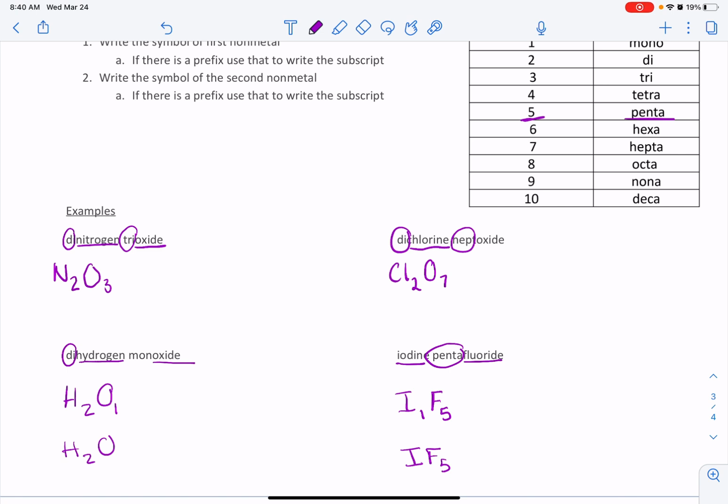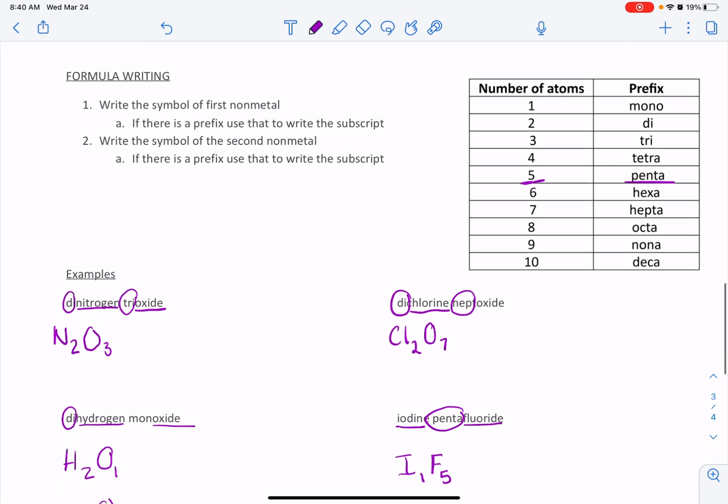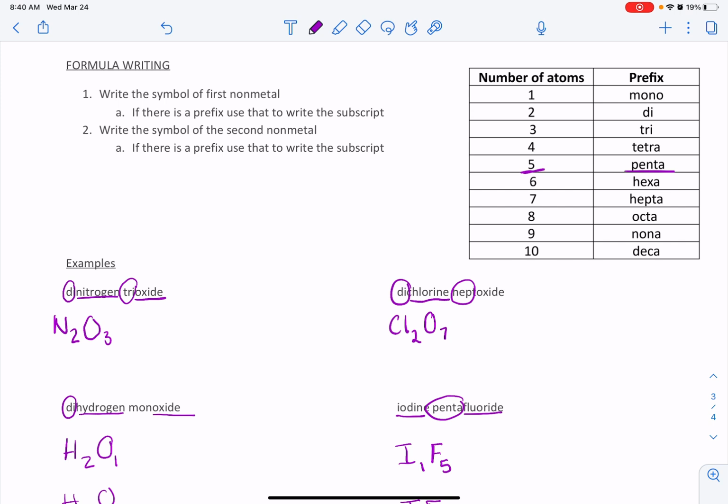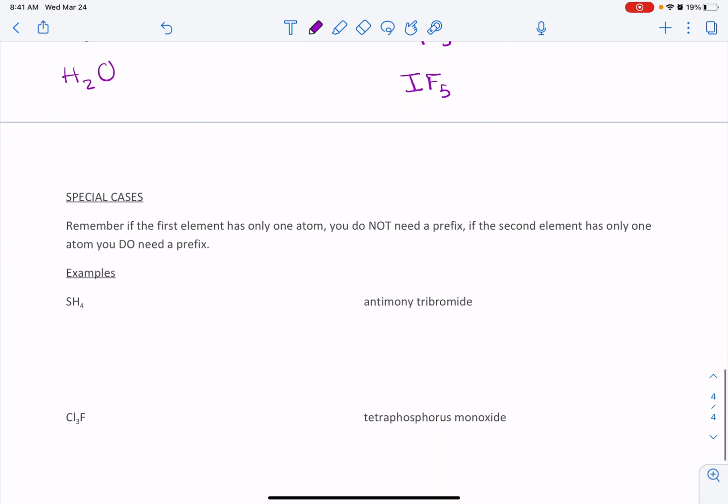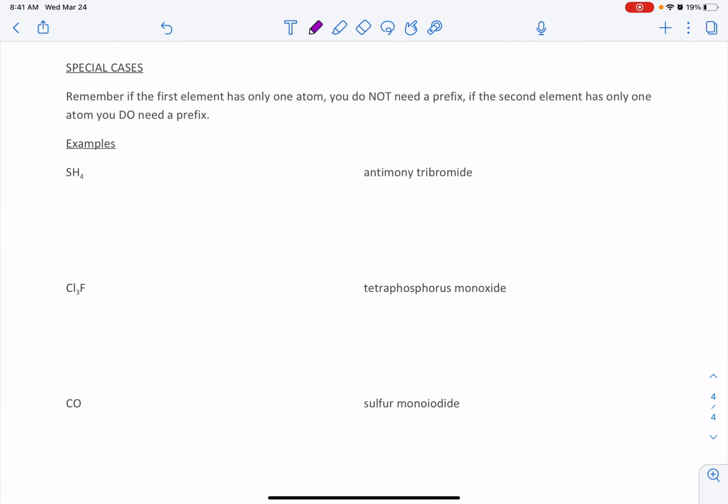Okay? So this is how we write our formula given the name. We write down the names of the elements. So we write down the symbol. Then we use the prefixes to figure out the subscripts for each. Okay? So this is not so bad so far. The only thing is we want to look at some special cases now, okay?